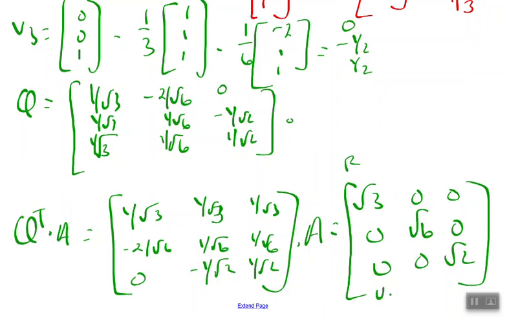It is at least upper triangular. Okay, so that is it. So there's the R value. That's the R matrix, and Q transpose times A equals R. And then Q times R equals A. So if you multiply that, you would get back out A.